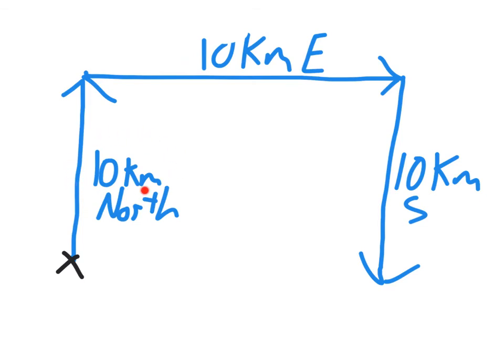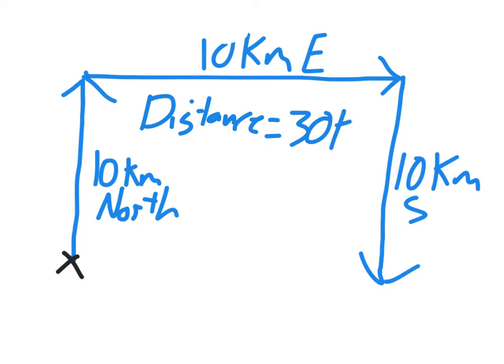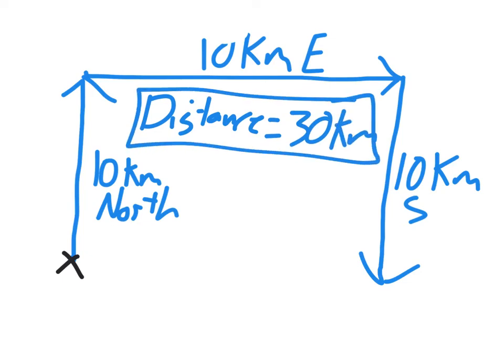So I'm going to add those scalar values. 10 kilometers plus 10 kilometers plus 10 kilometers is going to be 30 kilometers, meaning the total distance I traveled, so my distance is equal to 30 kilometers.